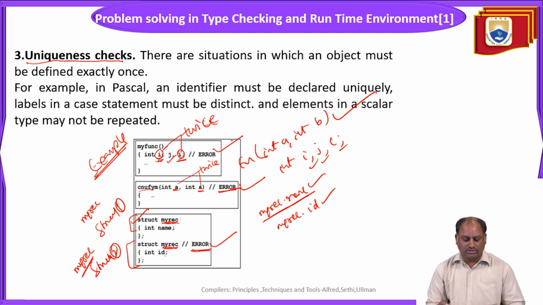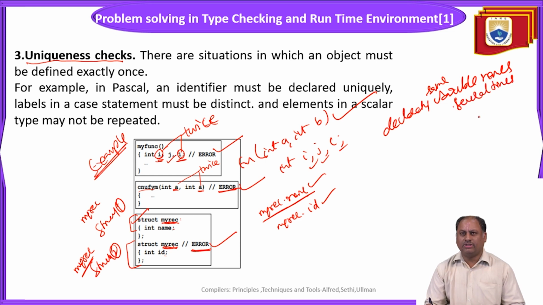So like this, we are going to verify several possible cases where the errors are to be identified. That means more than one declaration, twice, thrice, in case of a function, while declaring variables, declaring the same variable names several times, or function arguments with the same name several times.